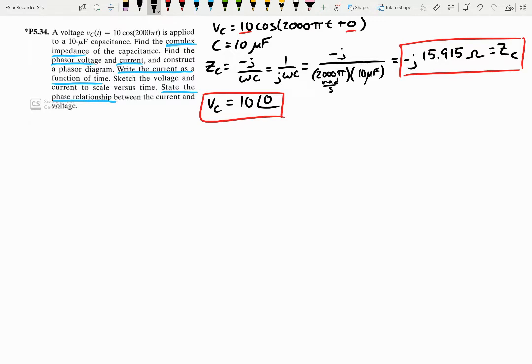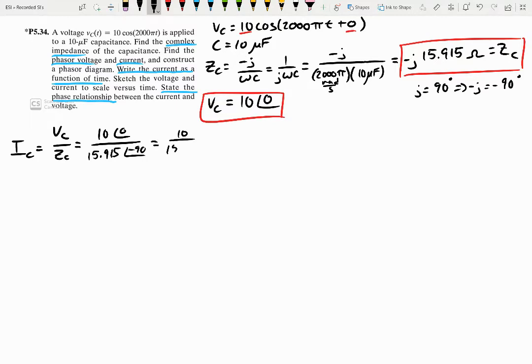Now to find the current. Similar to the last problem, we'll just do VC divided by ZC. Remember how we said that j is equal to 90 degrees, so therefore negative j is equal to negative 90 degrees. So then we'll have 10 at angle 0 over 15.915 at angle negative 90.